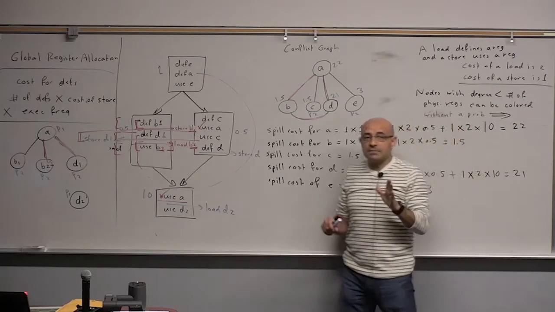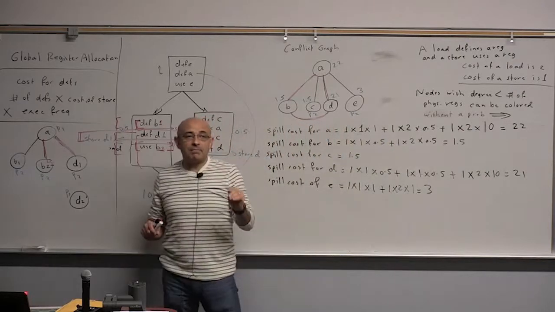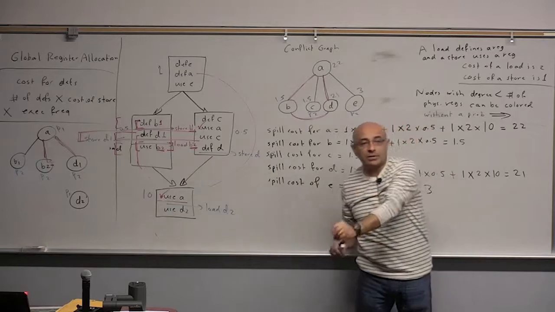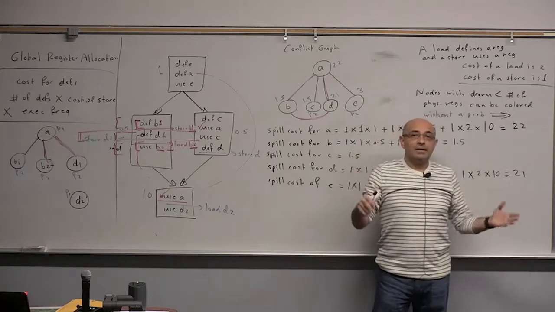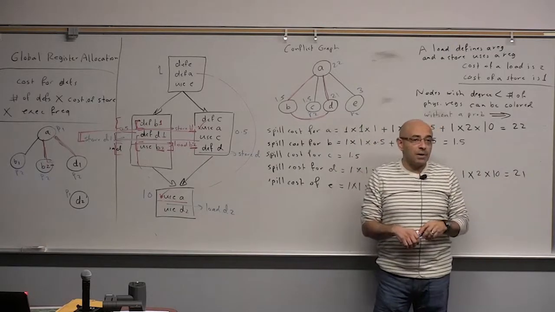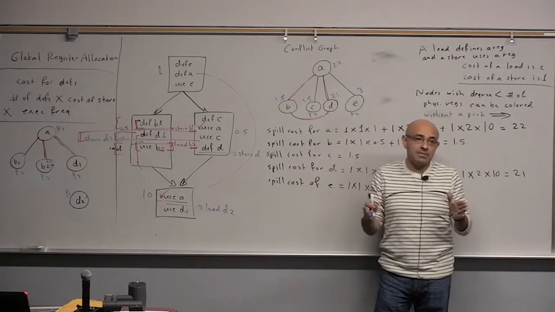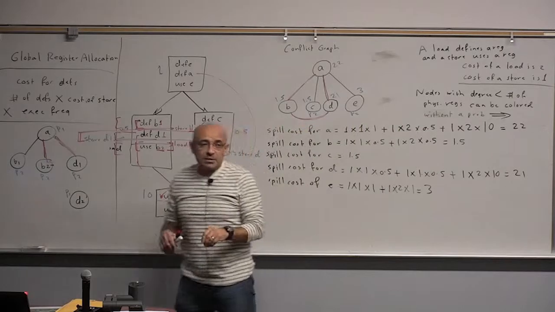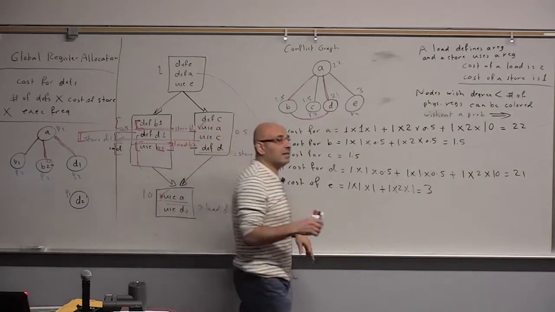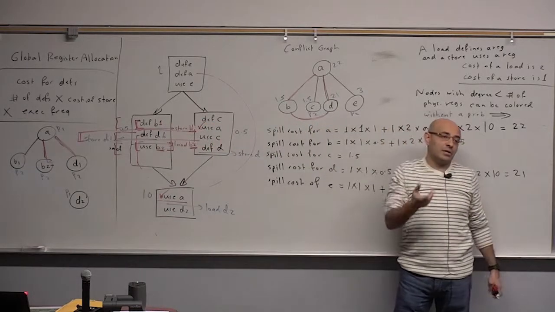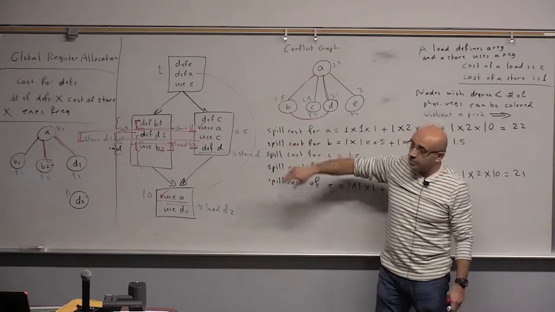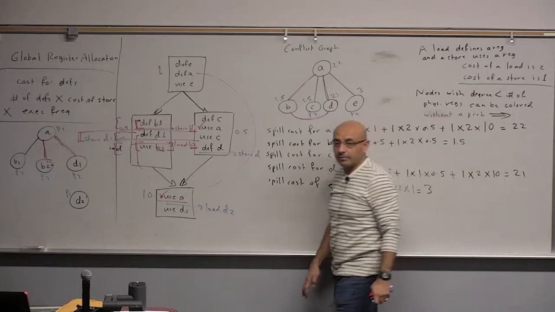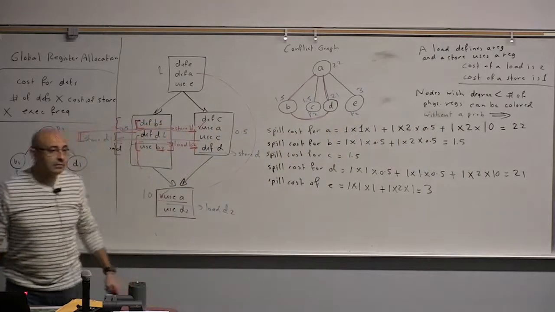Each one of them by itself is a hard problem. Scheduling is a hard problem, and register allocation is a hard problem. And most production compilers don't attempt to solve both problems simultaneously. So they schedule the code, and based on the scheduling, they do register allocation, and they don't try to reorder instructions during register allocation.